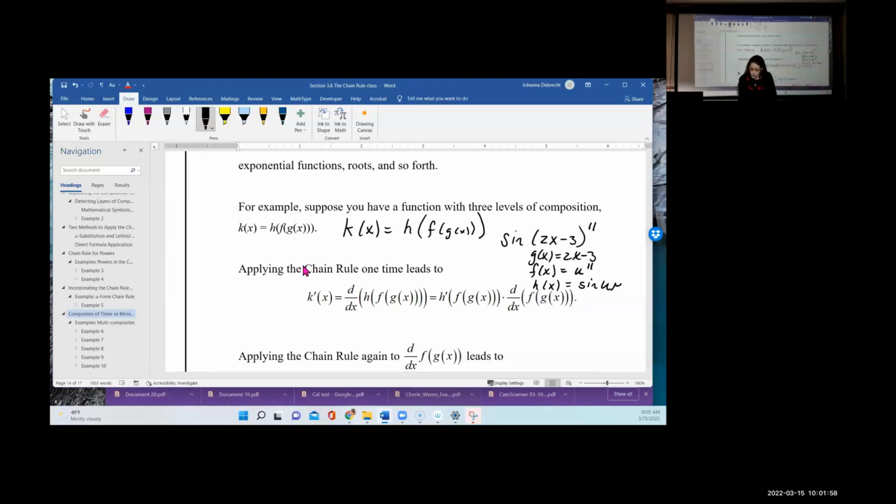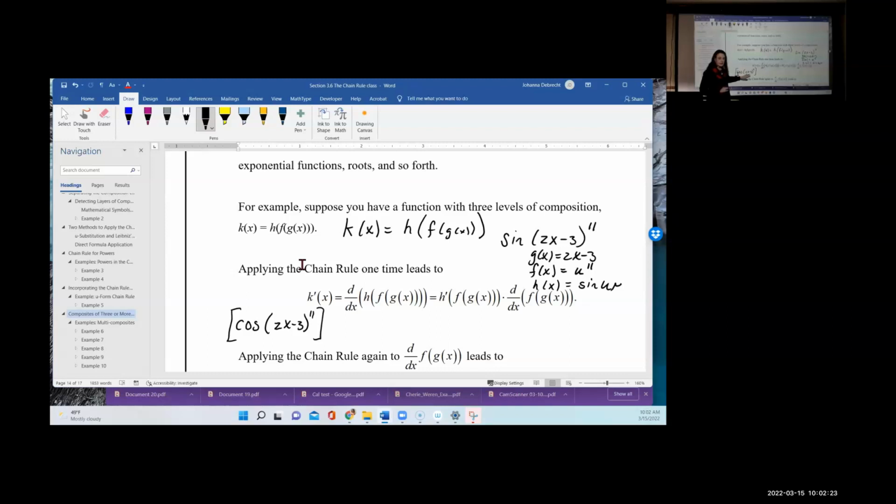So we would take the derivative of sine, which is cosine, and then we would freeze the inside. The original inside was 2x minus 3 raised to the 11th power. We freeze that. We don't change what was inside of sine; it stays inside the derivative of sine, which is cosine.